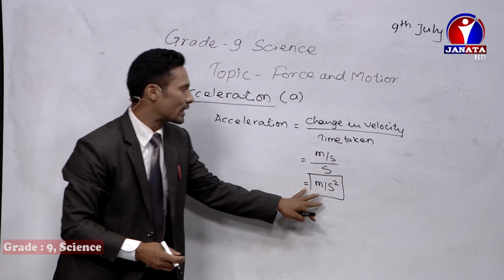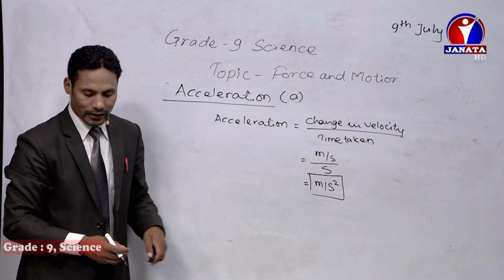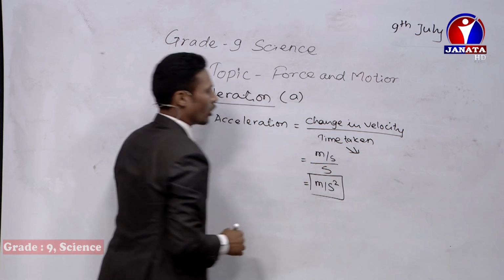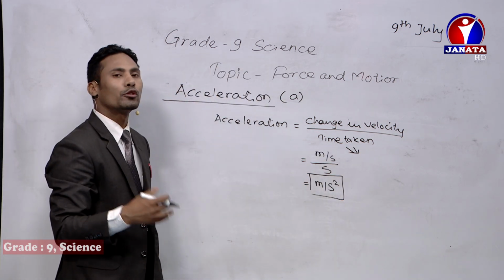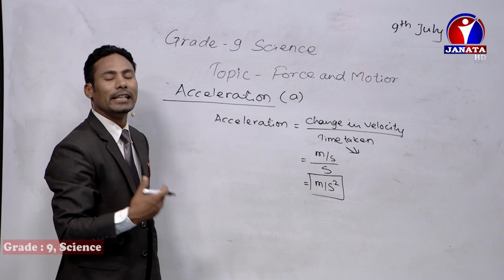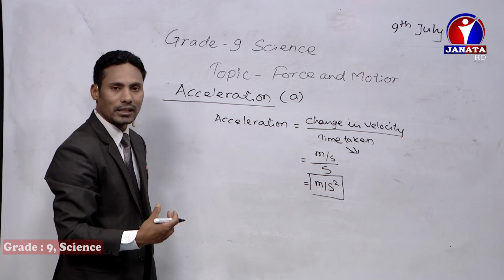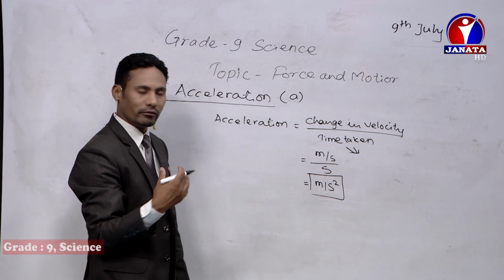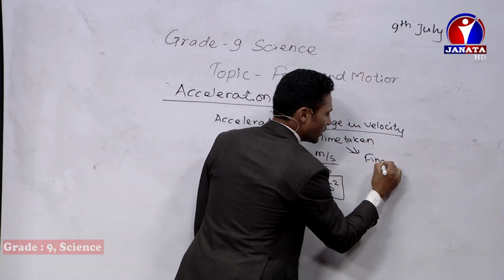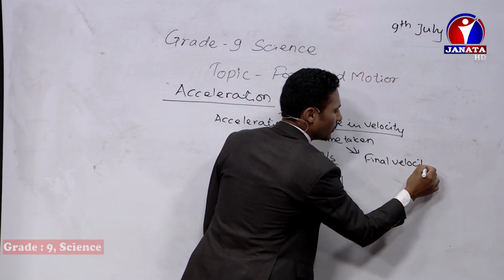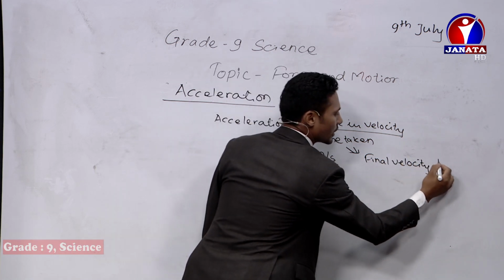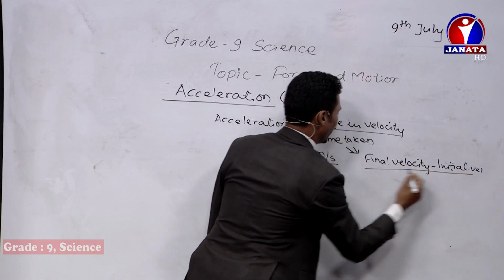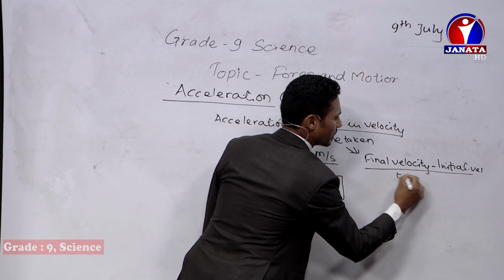Meter per second square is the unit for acceleration. Now let me derive this from another formula. If two velocities are given, say the initial velocity and the final velocity, then the change in velocity is the final velocity minus the initial velocity, divided by the time taken.